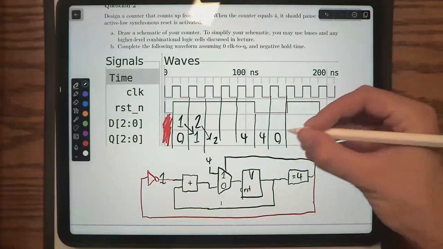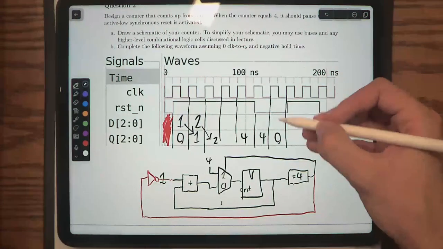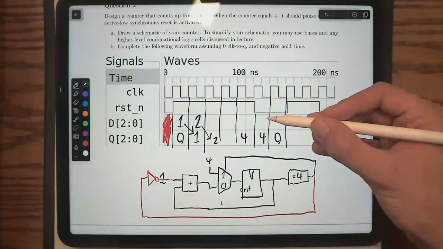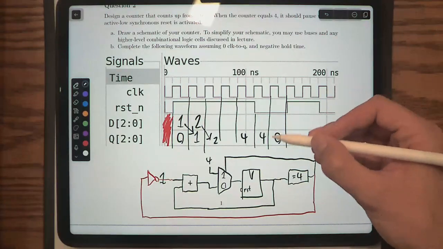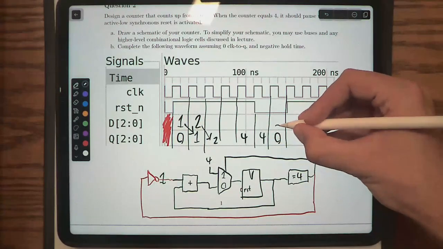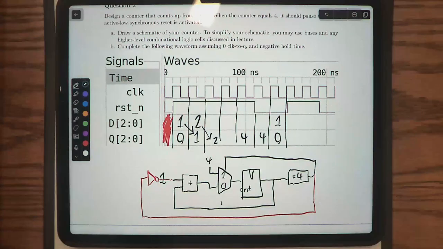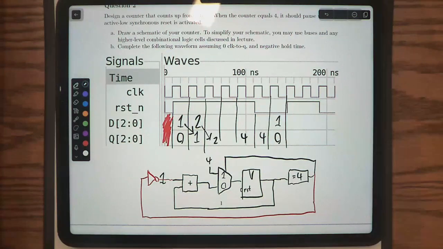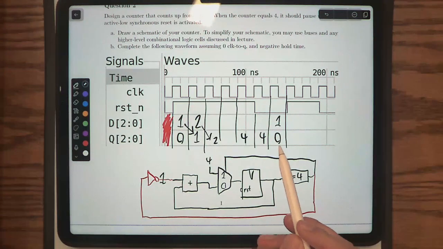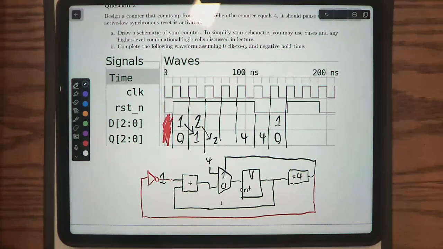But right here, if we look at the previous cycle, what we were sampling is now 0. So on this cycle it will be reset to 0, and then D will go back up to 1. Be careful of the resets and the idea that it has to be sampling what the reset was on the previous cycle.